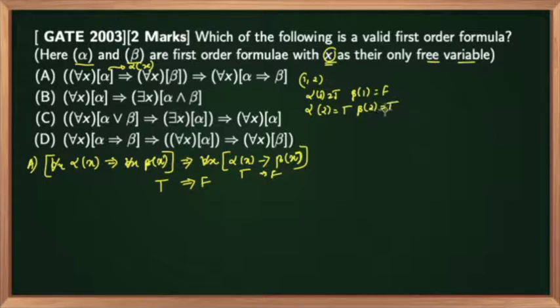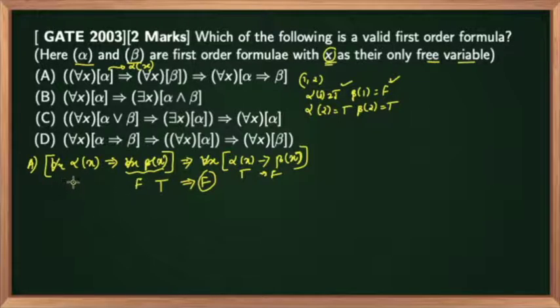That's fine, but at least you need one assignment that gives true implies false. Now if you see, the right side is false.